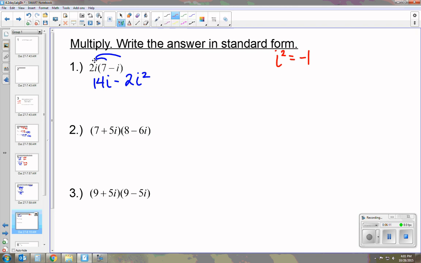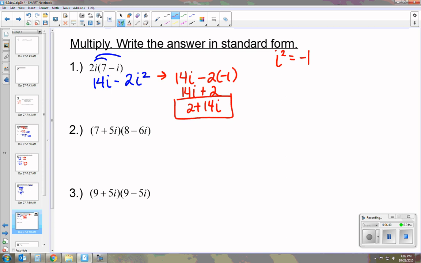So we can rewrite this as 14i minus 2 times negative 1. And we always want to do that to simplify it the most. So now we do 14i plus 2, because negative 2 times negative 1 is positive 2. But this is not in standard form, so we have to make this 2 plus 14i. And now we've got our final answer in standard form.